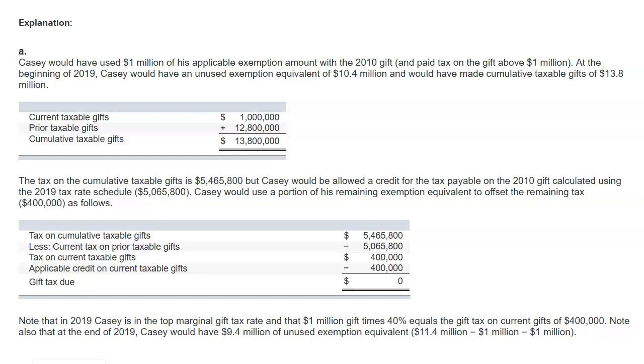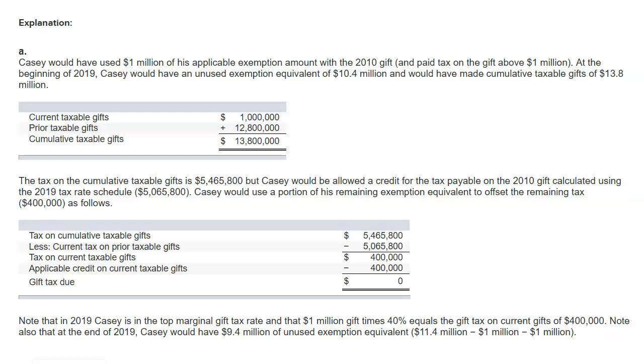And now you can see the formula. The tax on the cumulative taxable gifts was $5,465,800, and we subtract out the current tax on the prior taxable gifts, that's $5,065,800, leaving a tax on the current taxable gifts of $400,000, but there's an applicable credit on current taxable gifts equal to that amount, so the gift tax due would be 0.